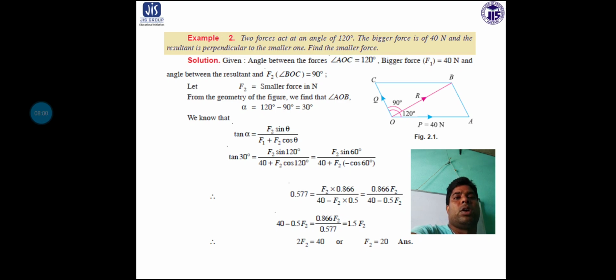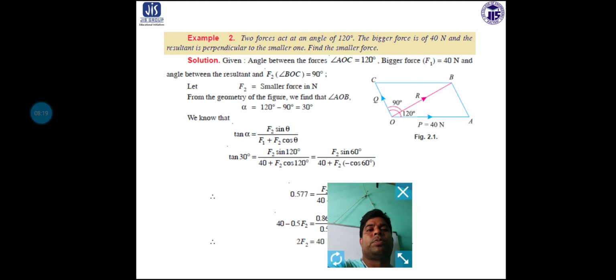After putting in all the values we get F2 is equal to 20. So that is the value of the smaller force, 20 Newton.